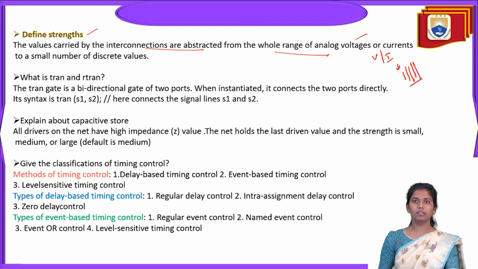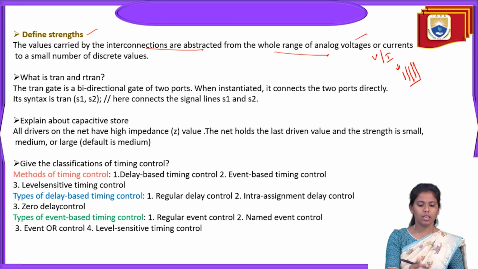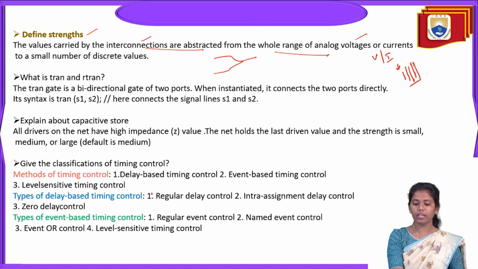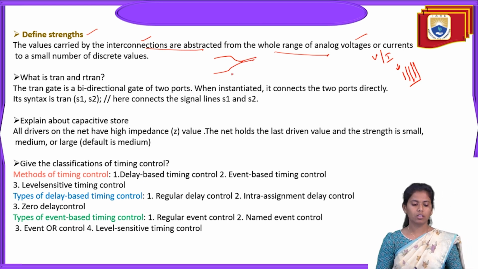That means the strengths are nothing but some values, where the signal carries some values. The signal will have some values carried by the interconnections, abstracted from the whole range of analog voltages and currents to a small number of discrete signals.